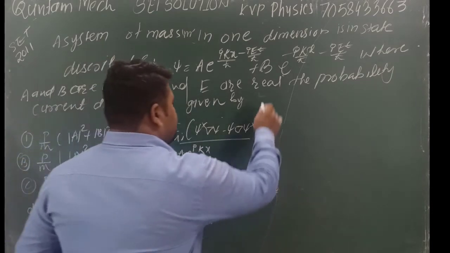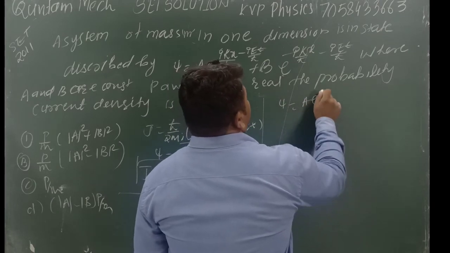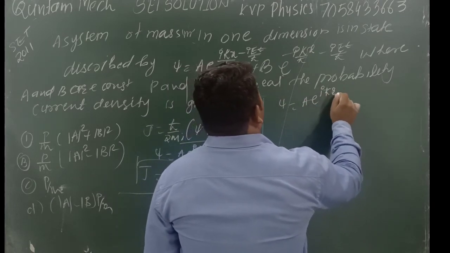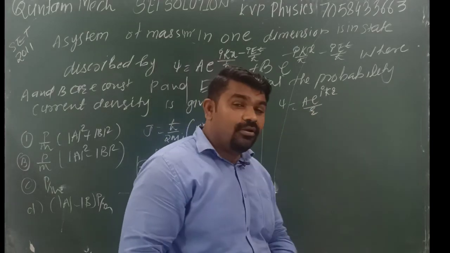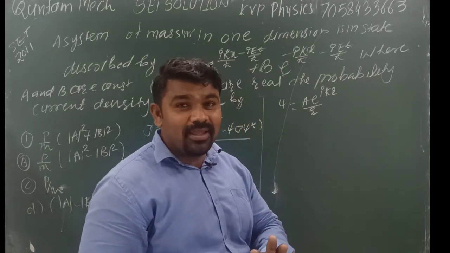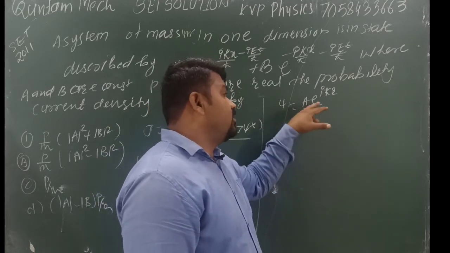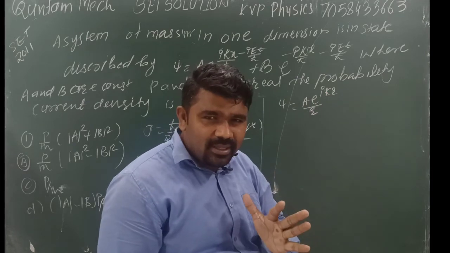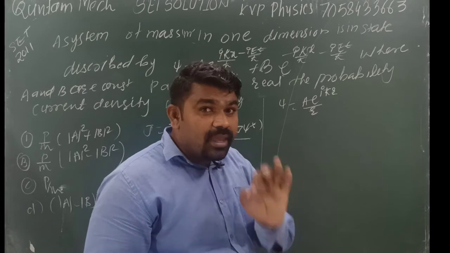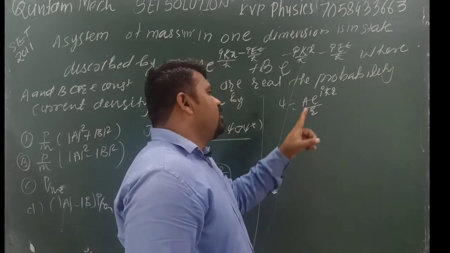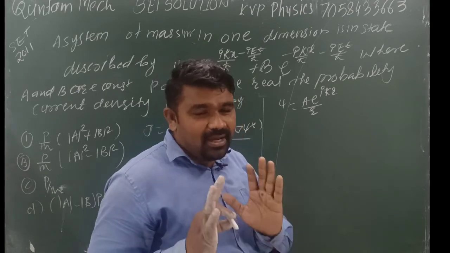Okay. Now suppose they give psi is equal to A e to the power i k r upon r. You will say, sir, here r is in the denominator too, and r is a variable. Yes or no? Then how to take it? Can you not use the trick? Yes, you can, no problem. Just keep in mind that here r is considered as a constant.